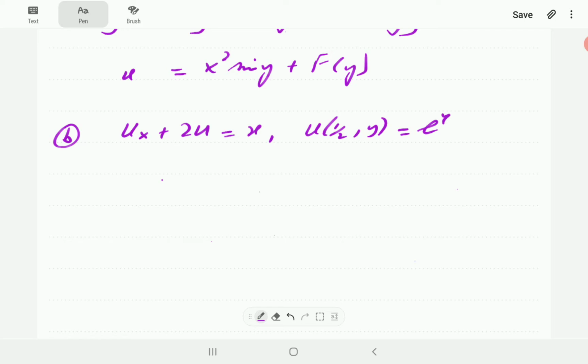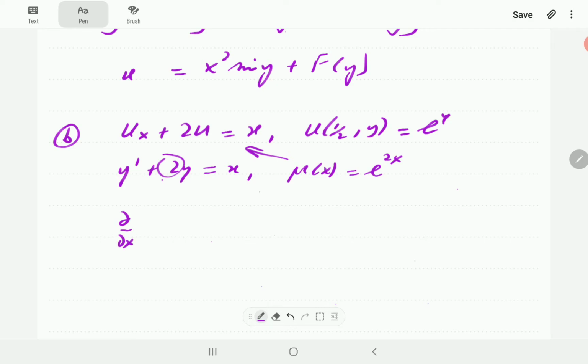So if you like, we can treat it as y prime plus 2y is equal to x, which is a linear ODE. The integrating factor would be e to the 2x. So here we're going to do exactly the same thing.